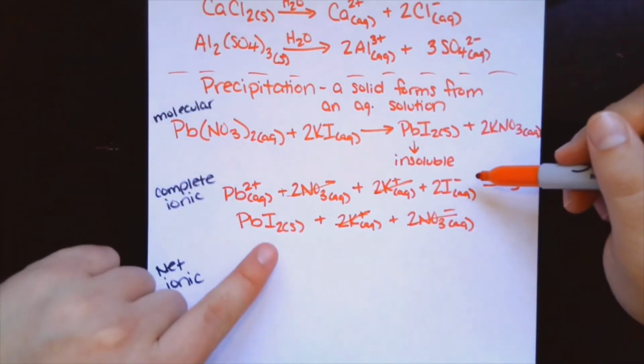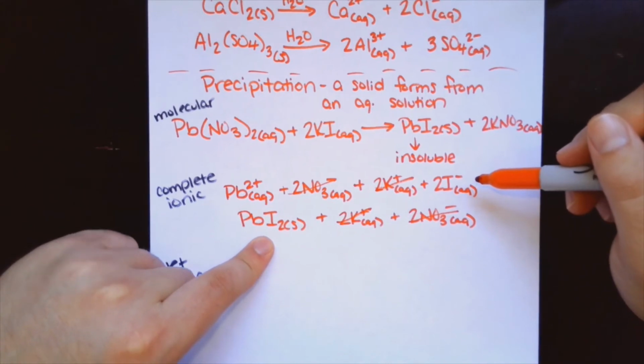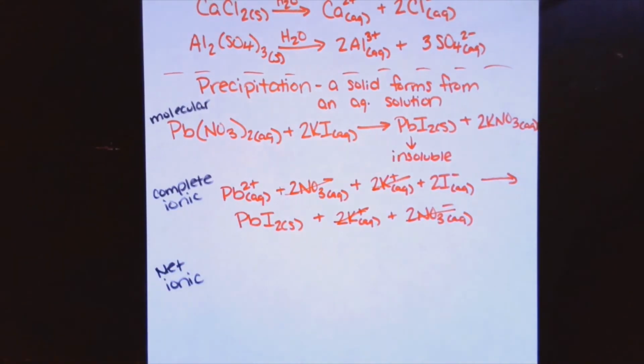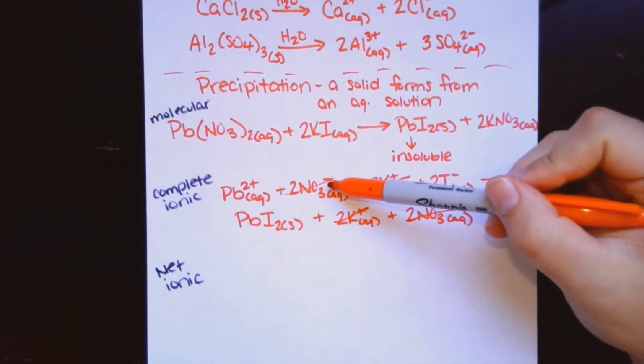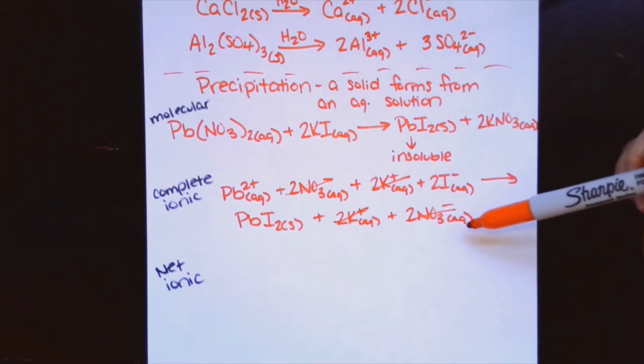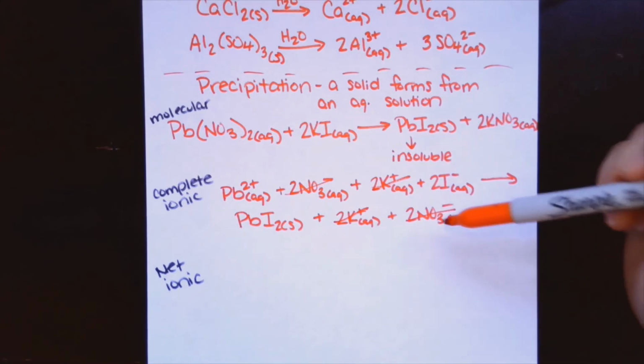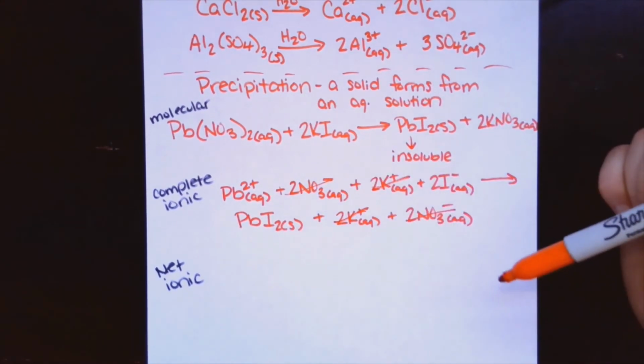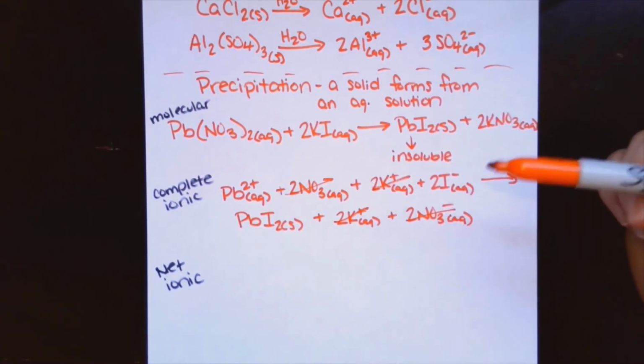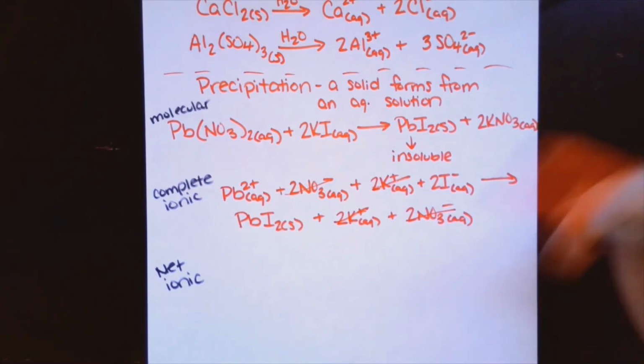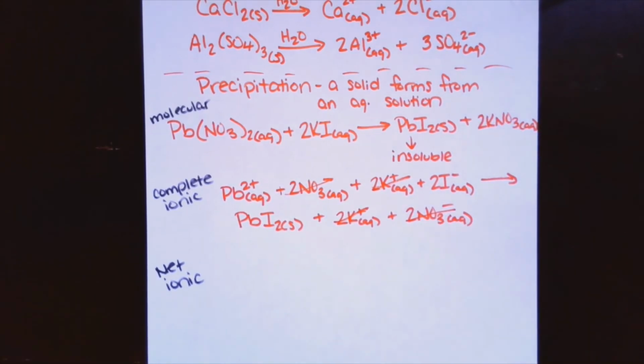And iodine cannot get canceled out because that's also in the molecular form on the product side. Now let's say for instance you had 2 nitrate ions on the reactant side and 1 on the product side, you'd be able to cancel out 1 from each of them. So basically you can keep canceling out until you no longer have it on both sides.